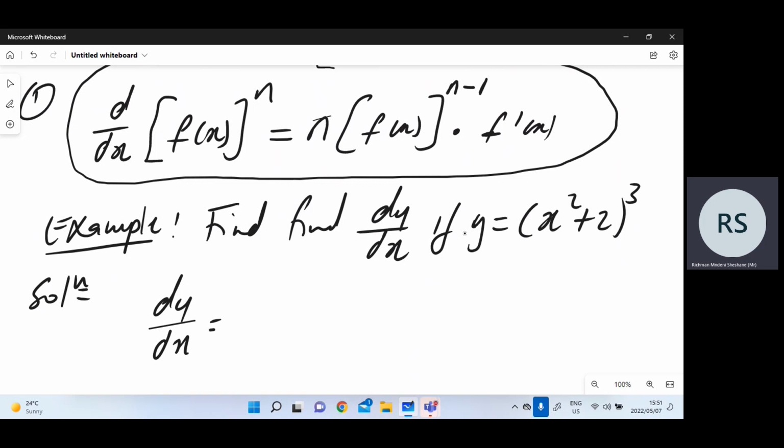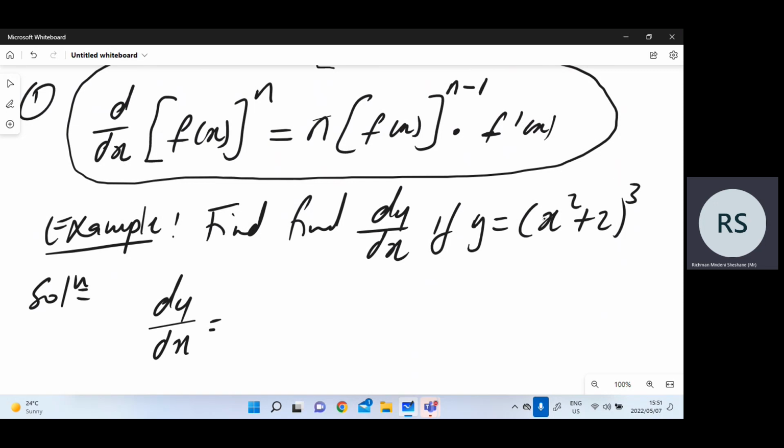Okay, so I'm given y. If you check, my function is to the power of n. The derivative of a function that is to the power of n is n, and our n is 3 in this case, times the function inside to the power of n minus 1, 3 minus 1, times the derivative of the function inside.